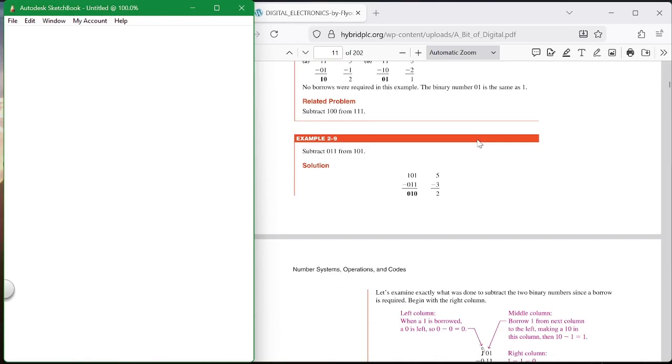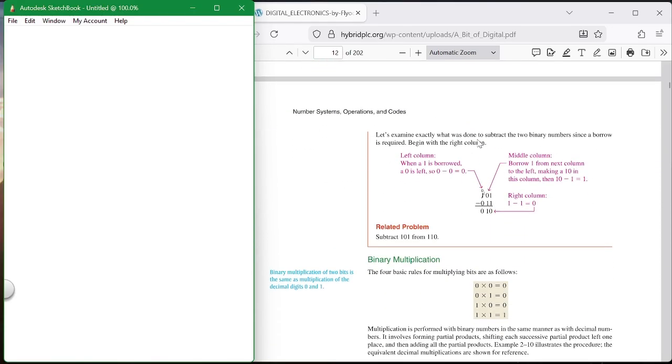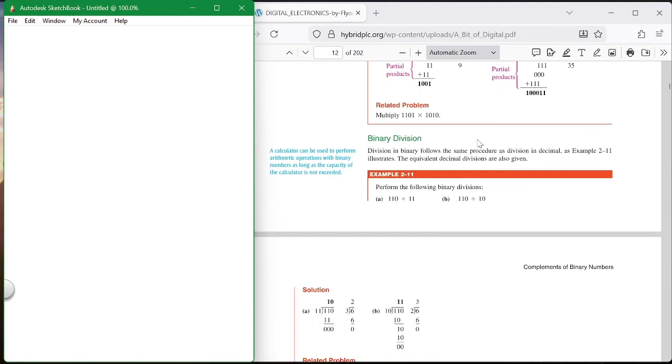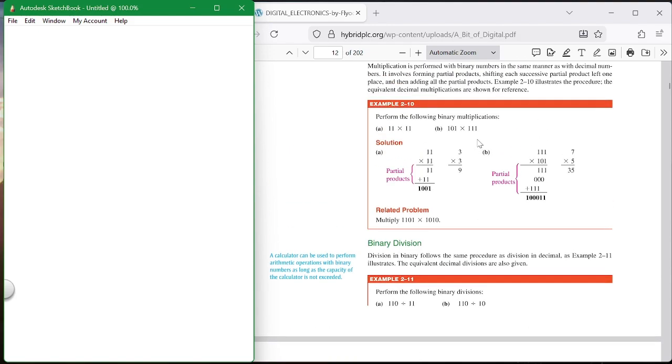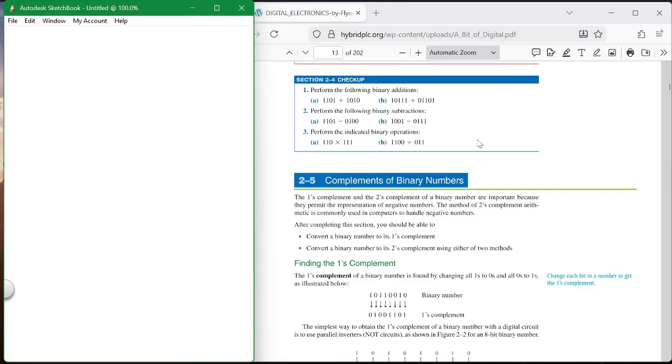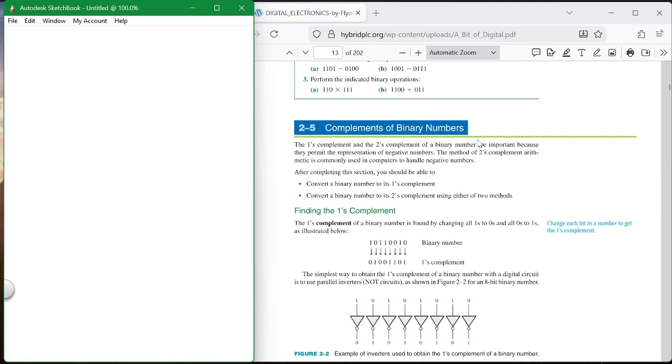So there is another way of subtracting. There's binary multiplication and binary division, and we will not do either of those. We will do a subtraction using a complement of a number. Now, this is not, oh, you're looking good today kind of compliment. This is a C-O-M-P-L-E-M-E-N-T.